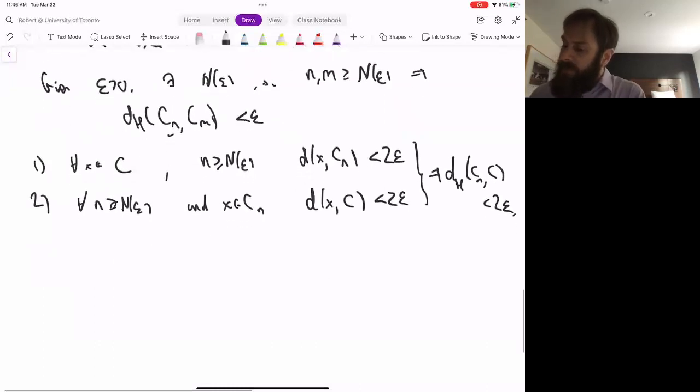As I say, one of these is sort of straightforward, and the other one's a sort of diagonal argument. I think the one that's straightforward is the first one.